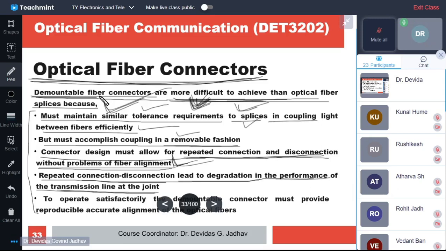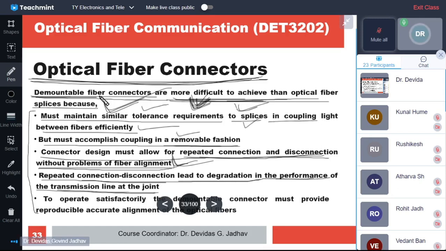This is the difficulty. Then connector design must allow repeated connections. So design should be such that it should allow the repeated connection and disconnection without the problem of fiber alignment. It should not produce fiber alignment problems. Misalignment should not be increased or introduced.